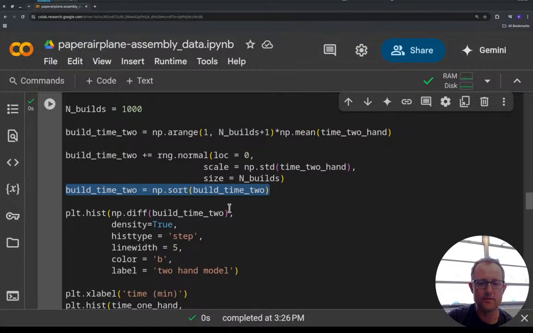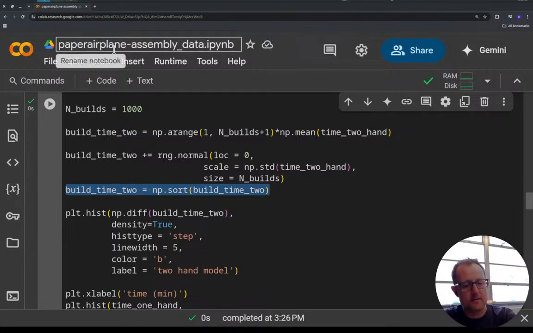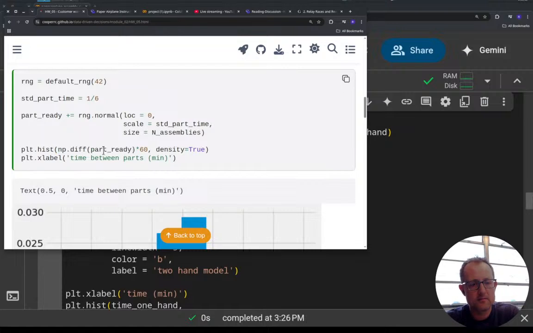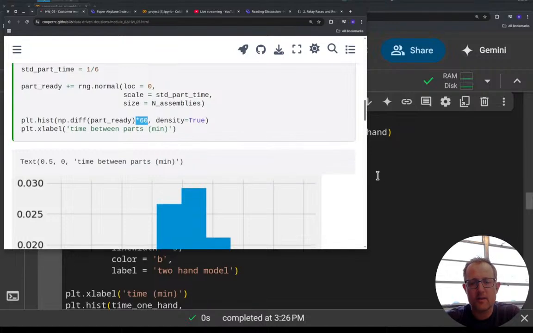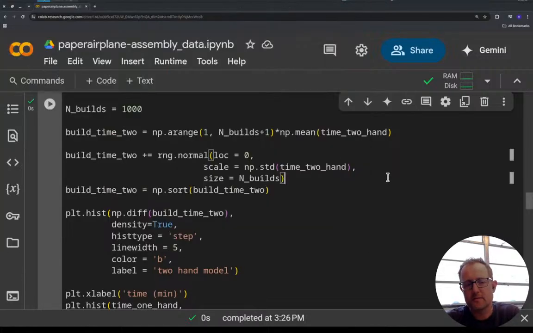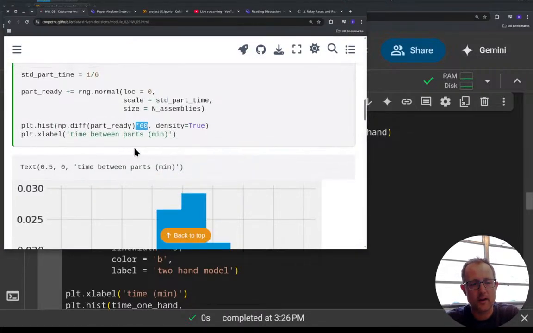So if you run that and then do the rest of the thing, that would be better. And if you're here, everything is recorded in minutes, so just make sure the units work out.